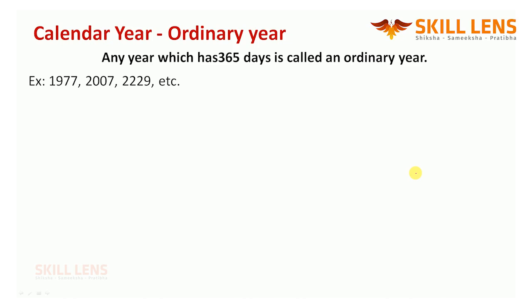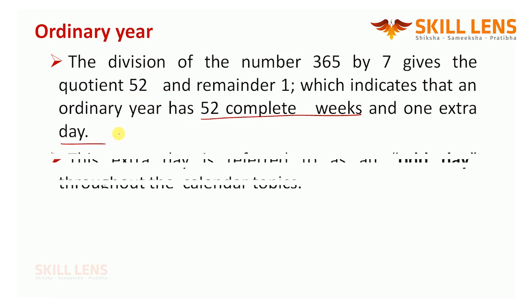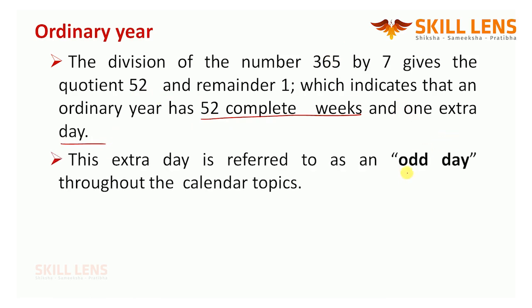Example 1977, 2007, 2229, etc. In an ordinary year, if you divide 365 by 7, it gives a quotient of 52. So 52 complete weeks and 1 extra day. This extra day is called an odd day. This is one of the most important words. Throughout this topic, we are going to use this particular word.